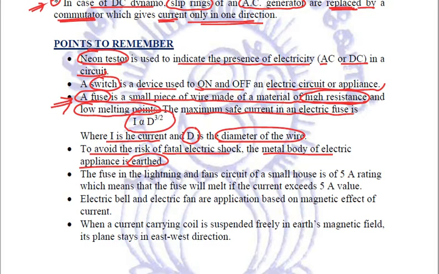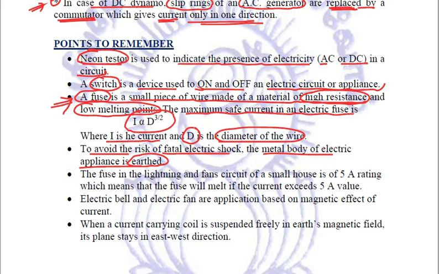How? You already must have studied that there are three types of wires. One is the live wire, in which the actual current is flowing. Another is the neutral wire, through which the current is not flowing, but it is used to complete the circuit. And the next one is the earth wire.